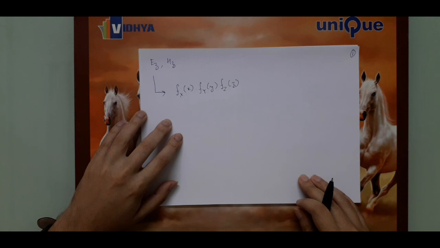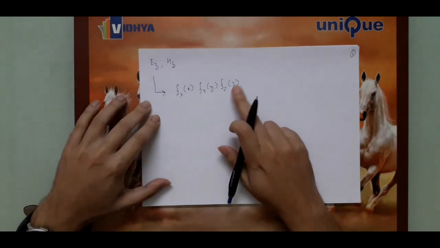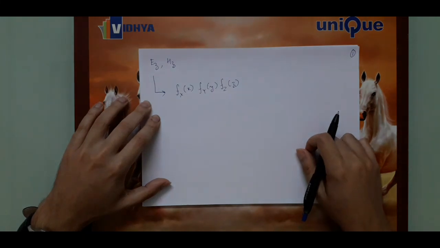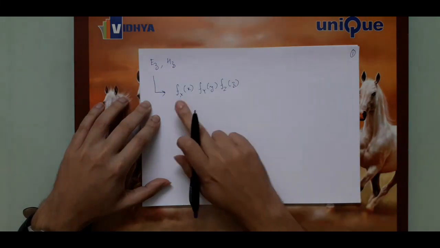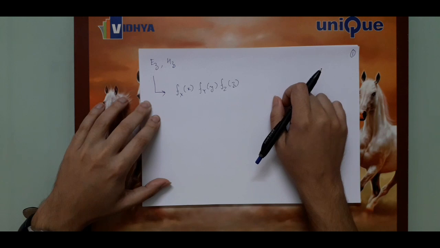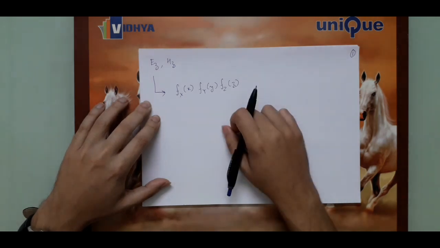The z component will consist of a traveling wave or traveling field, while the x and y components would consist of standing waves or standing fields.